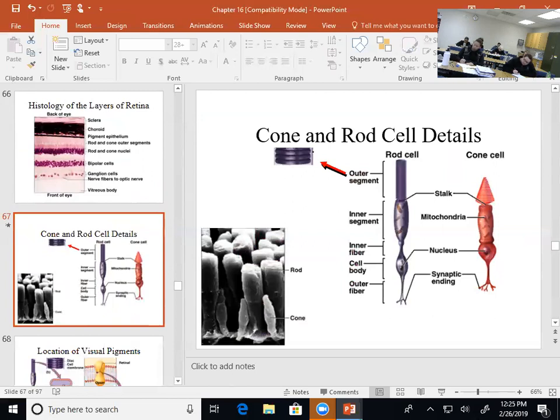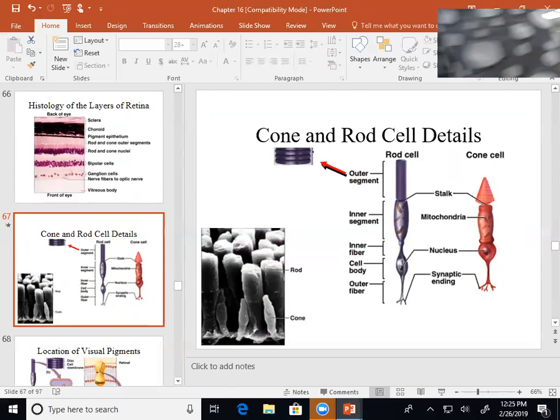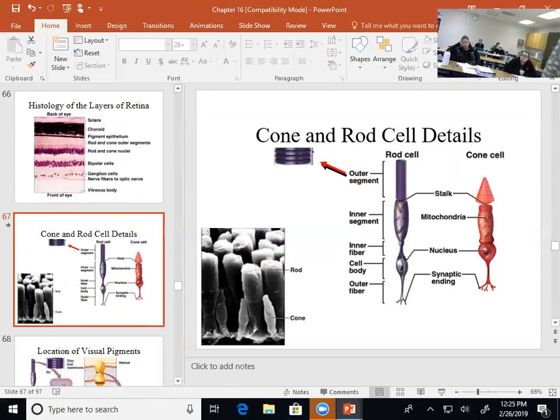The cones are for color. We can see distinct color. Like there's enough light in this room that I can see the color of Kristen's jacket, right? Red. But if I turned off the lights and pulled these shades, would I be able to tell colors? Y'all know, if you turn off lights in your house, you can still walk through your house after just a minute, but you might have to stand there until what starts taking over?